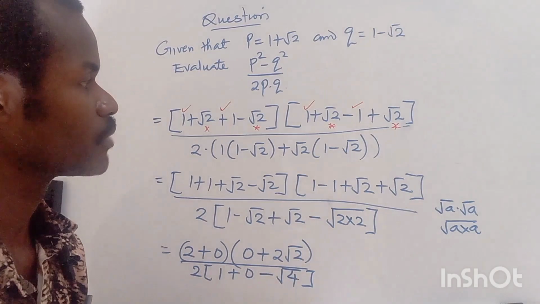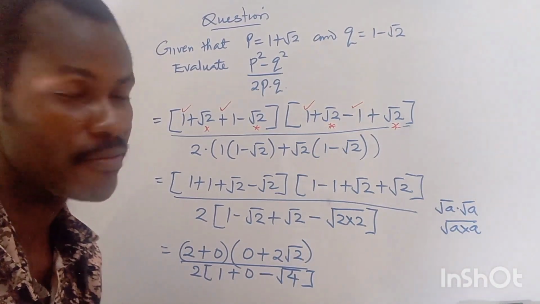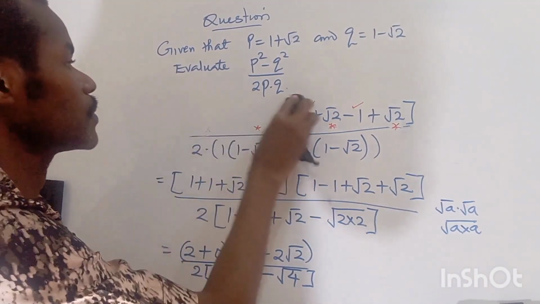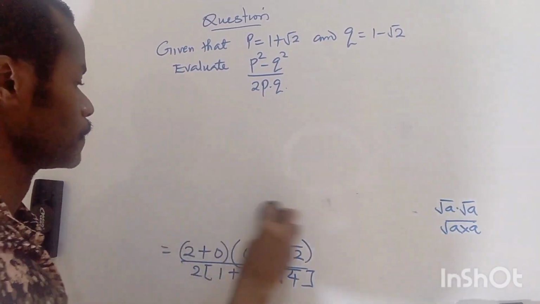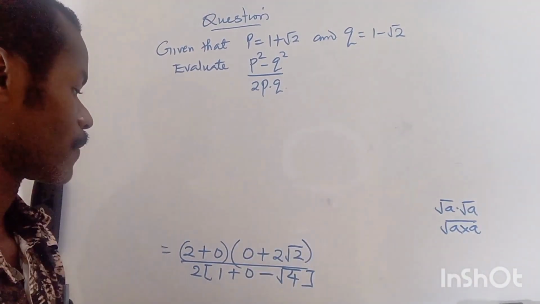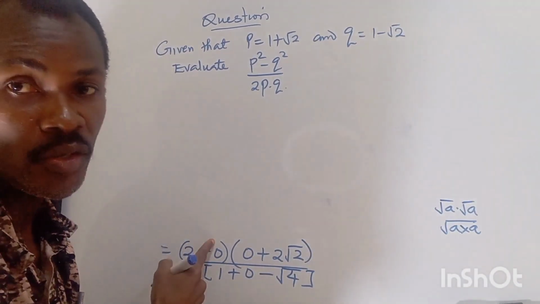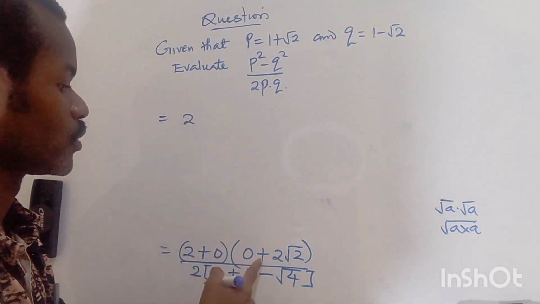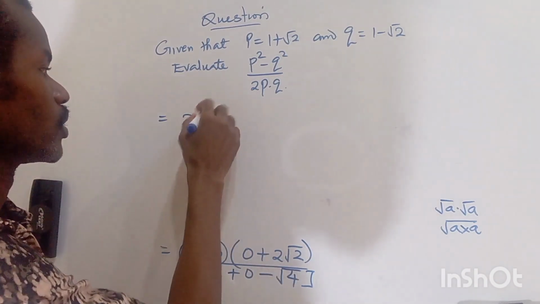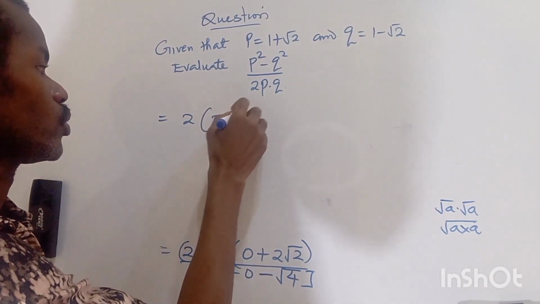Now that we have this expression, we can further simplify it. 2 plus 0 is 2, and 0 plus 2 root 2 is 2 root 2.